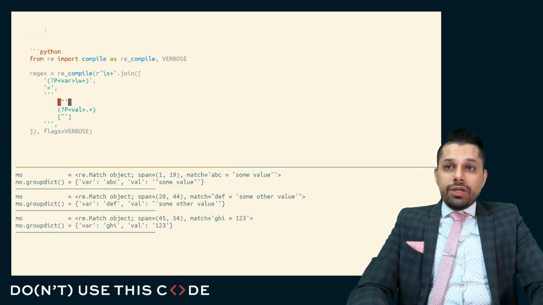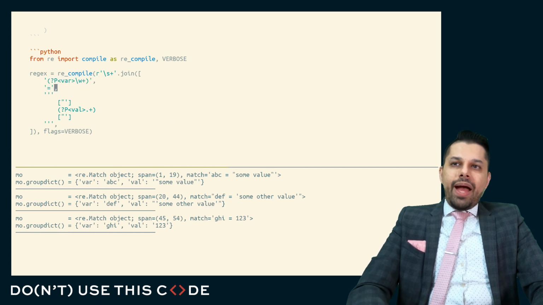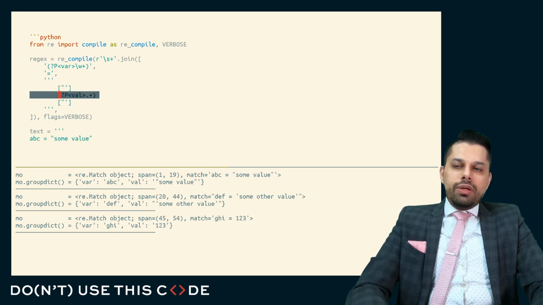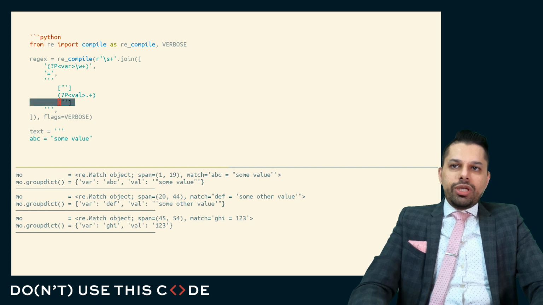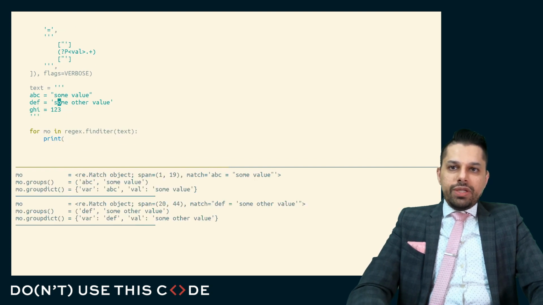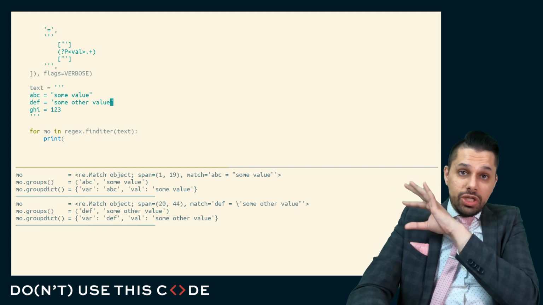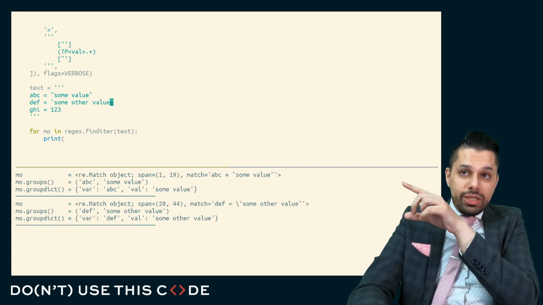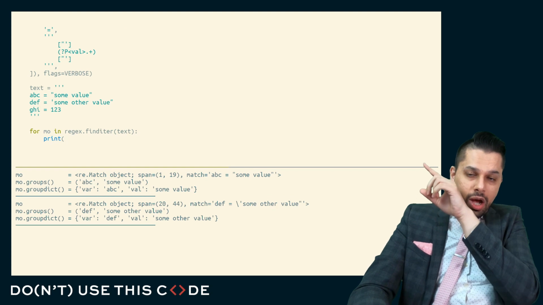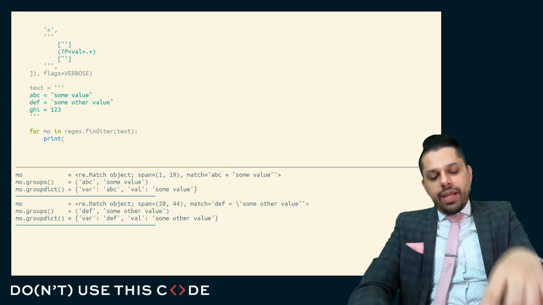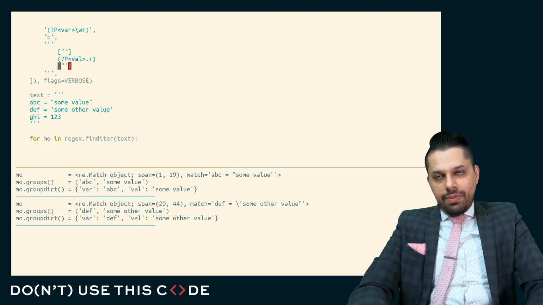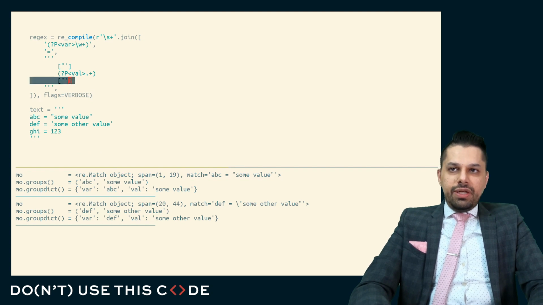Well, one thing that I could do is I could say, okay, match the variable name, then match an equal sign, and then match any single quote or double quote, then the value, then any single quote or double quote, and it would match all three of these. But it would still match if these were not balanced. It wouldn't fail to match if this is starting with an open quote but ending in a closed quote, and I want that to be the case. I want these to be matched up.